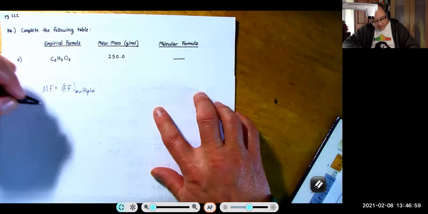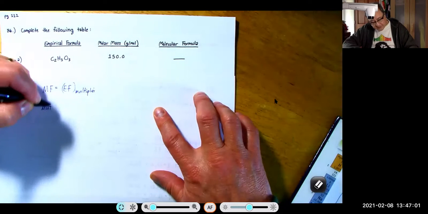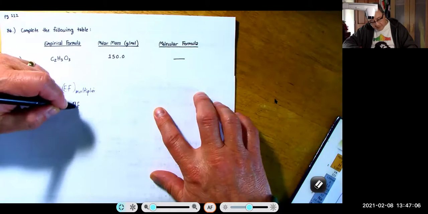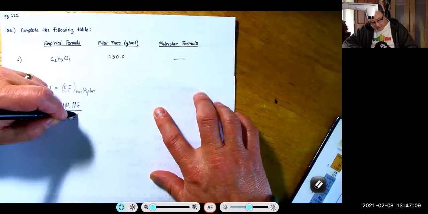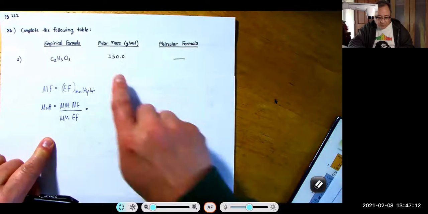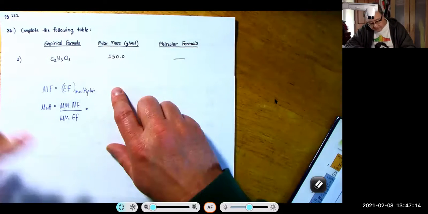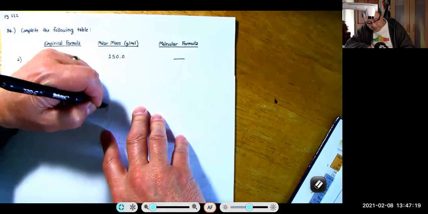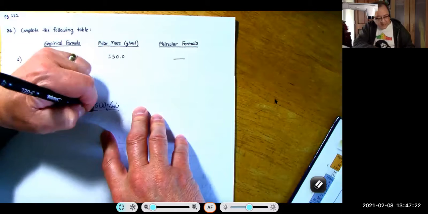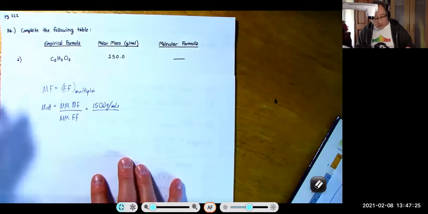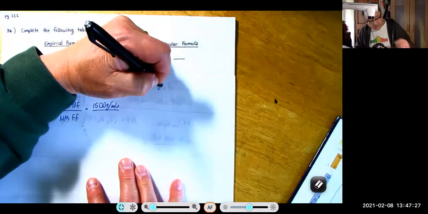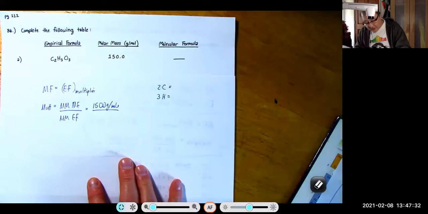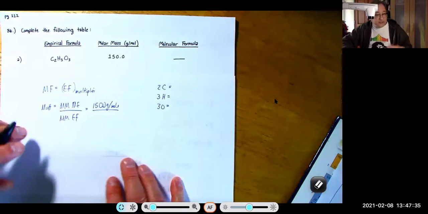And we know that multiplier is equal to the molar mass of the molecular formula divided by the molar mass of the empirical formula. In this particular case, they give us the molar mass of the molecular formula here. And here, if we look at 2 carbons, 3 hydrogens, and 3 oxygens, we don't even need to do a good job here.